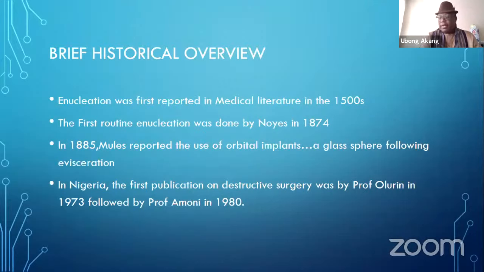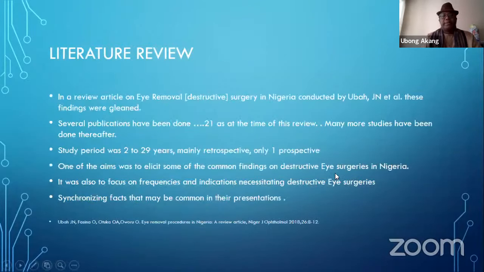After that, a lot of other studies have been done, and I'm just going to pick on one particular review that was done by, incidentally, yours truly that is here with me, was part of that study, Dr. Josephine Oba et al.